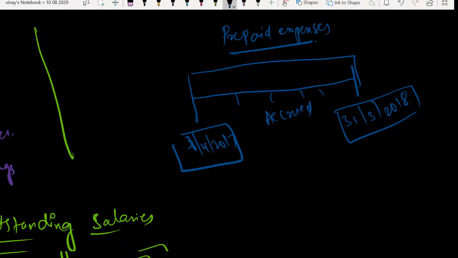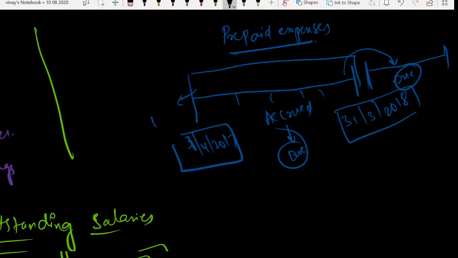Prepaid expenses are the expenses which you have paid, or prepaid income means income received in advance, relating to the coming year. Okay, it is going to fall due next year. So you are not able to recognize this in your P&L account as an expense.